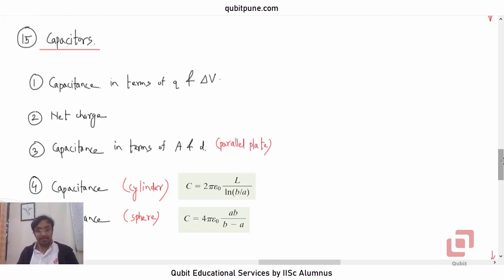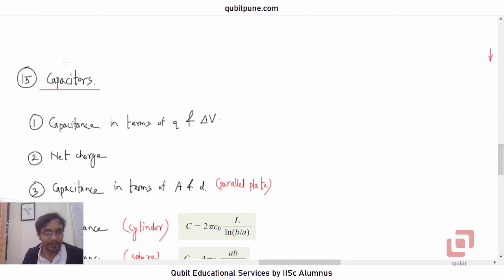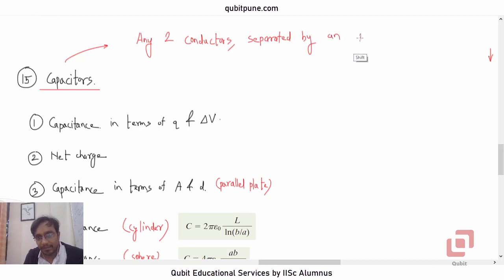Capacitors. A brief description. What is the definition of a capacitor? Any two conductors separated by an insulator is what we call a capacitor.